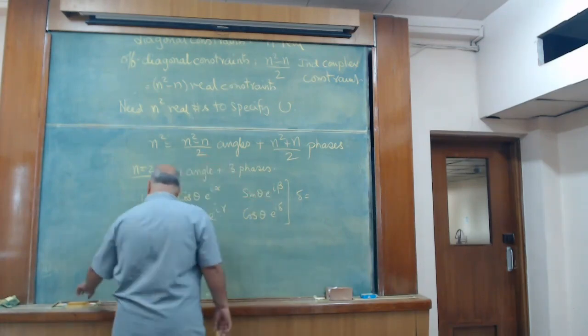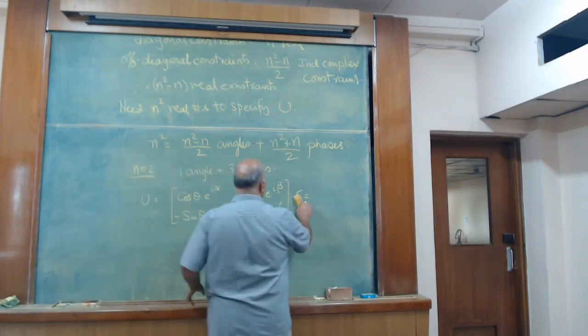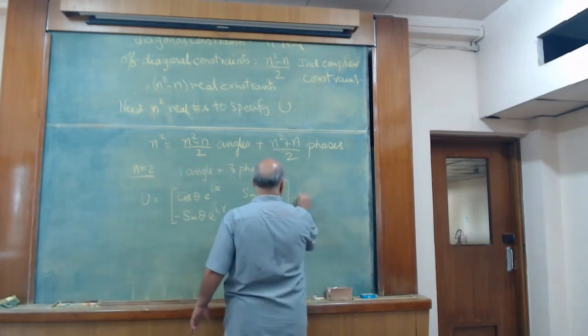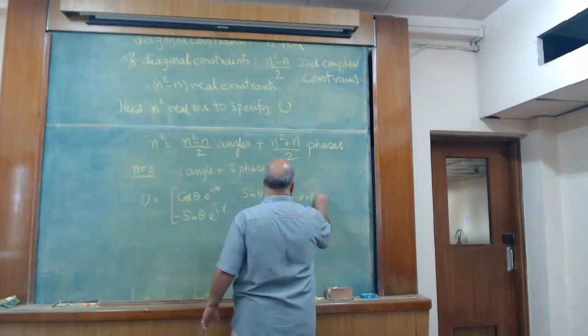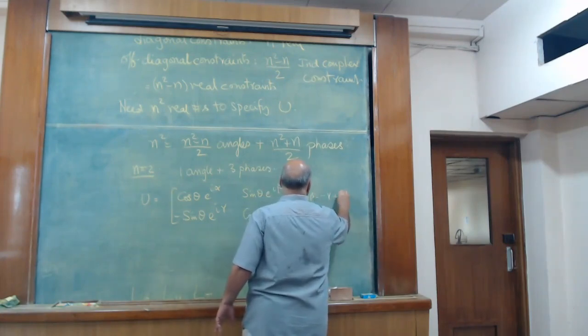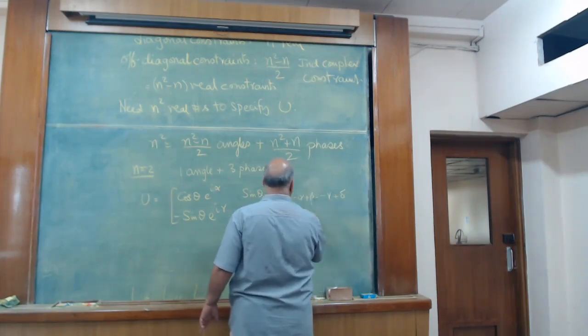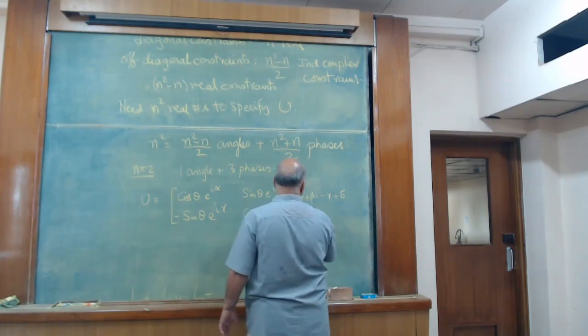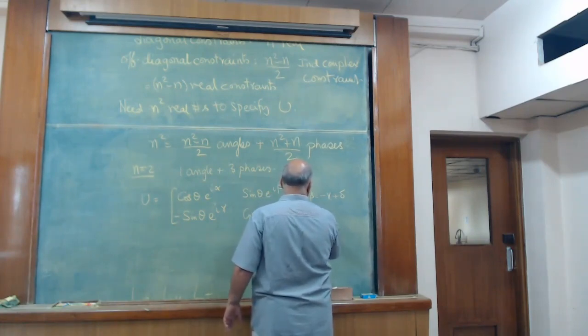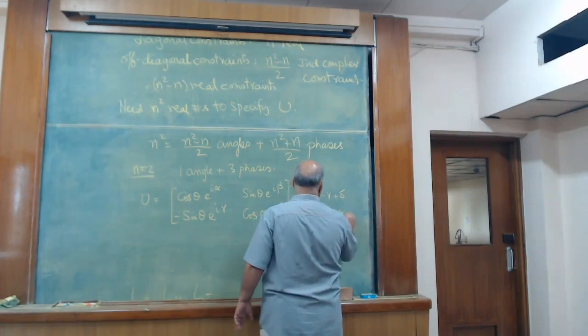Yeah, this is the condition we get. Minus alpha plus beta is equal to minus gamma plus delta, or delta is equal to beta plus gamma minus alpha.